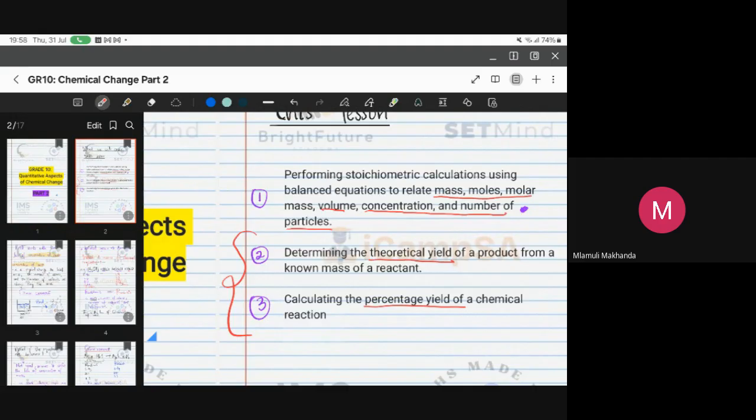Let me see if we can do it fast. As our last example of today, okay, it should be here. So that you guys can see. Yes, good, found it.